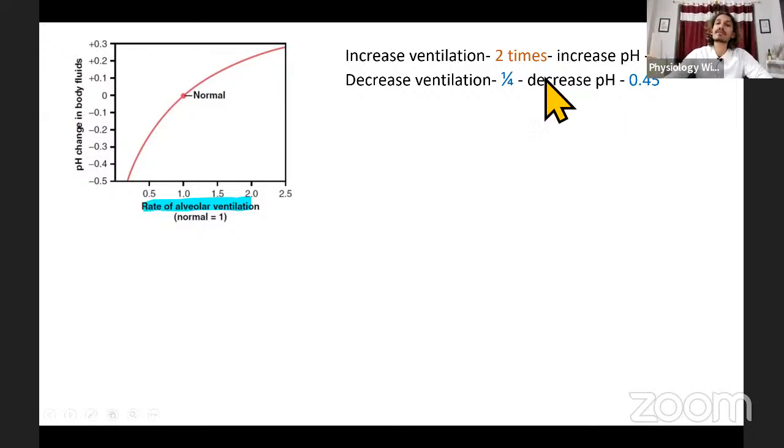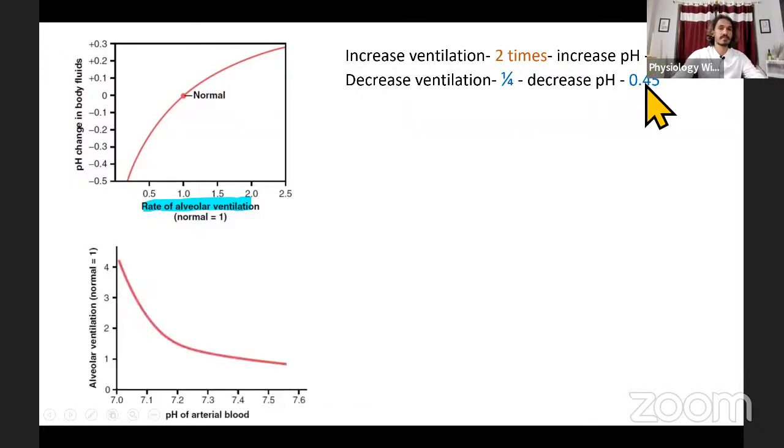So an increase in alveolar ventilation of 2 times can increase the pH by 0.23. That means it becomes alkaline. Similarly, if you stop breathing for a long time, H2CO3, H+, and CO2 start developing inside the blood. The blood becomes more acidic. So if you decrease the ventilation to 1/4, pH can decrease by 0.45.